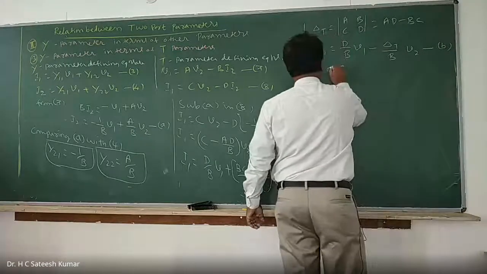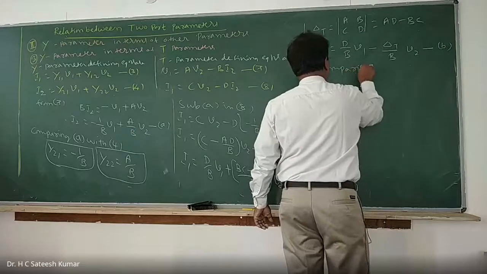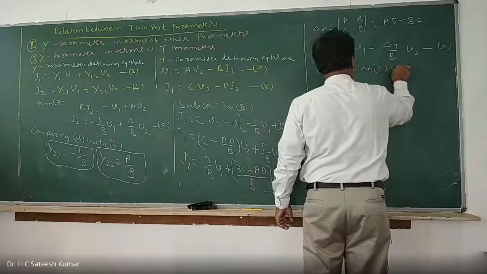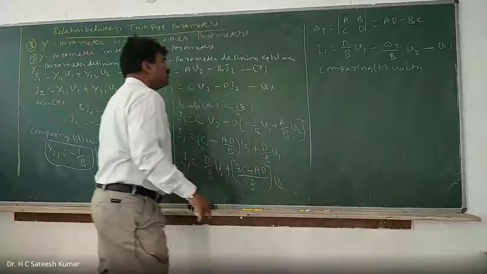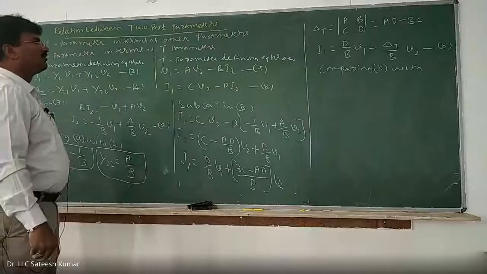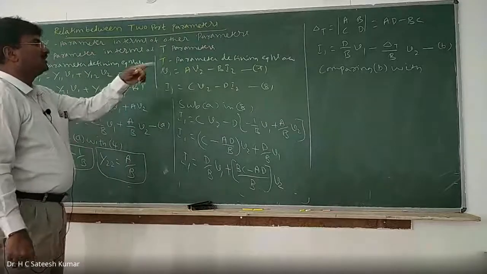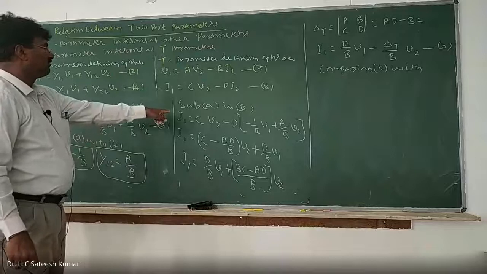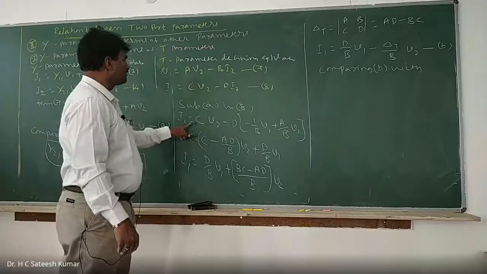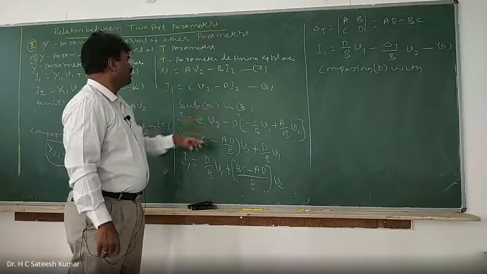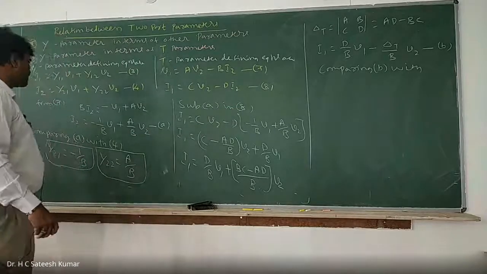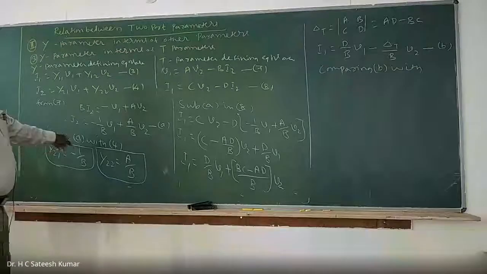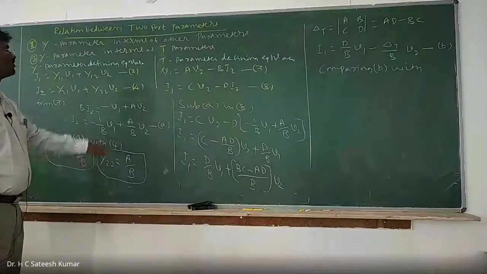Comparing B with, we got B by substituting in equation number 8. Earlier we compared A with 4, so 4 we have already used.